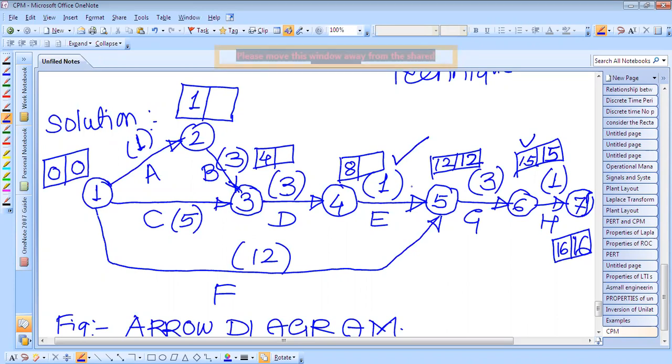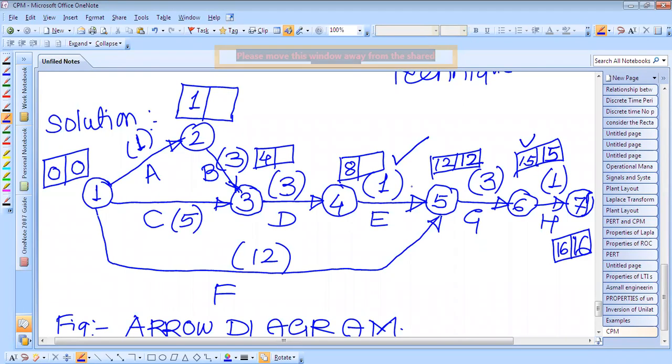So we have to see the arrow diagram. What will be the LFT for this? We are finding for, suppose, activity D, and therefore we have to calculate the LFT for activity E minus the duration of this activity.